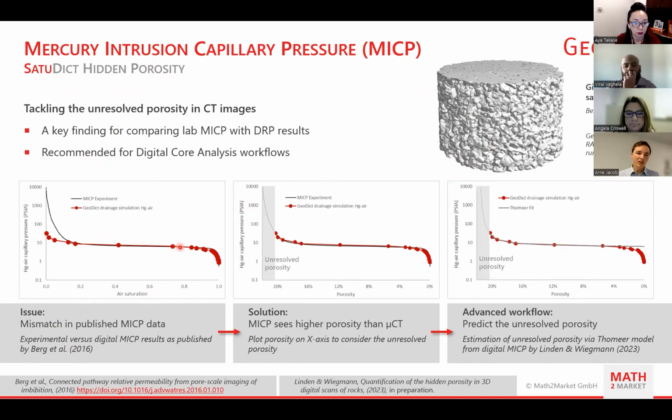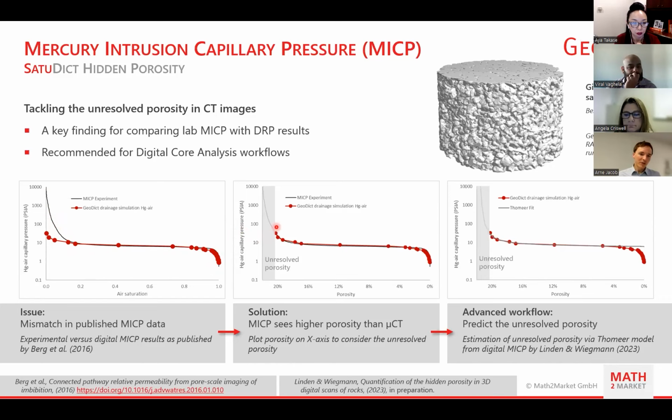And what he found out is that there was, in the first place, a mismatch between the simulation here in red. The red curve shows the simulation which was done in GeoDict, and I think it is a black curve, it's hard to tell here on the screen, with the experiment. And then, okay, we are thinking about why can that be? Because the math is correct.